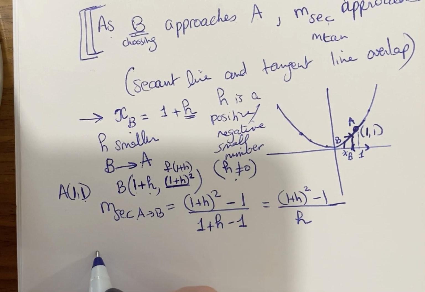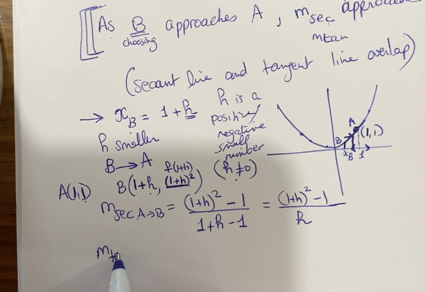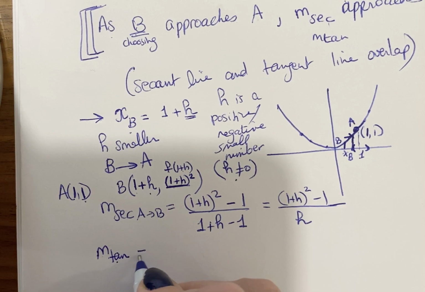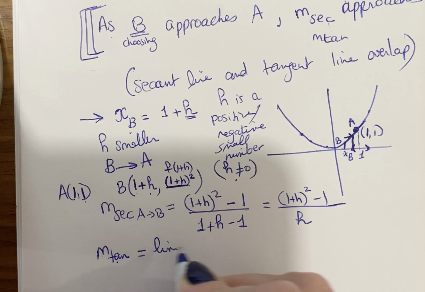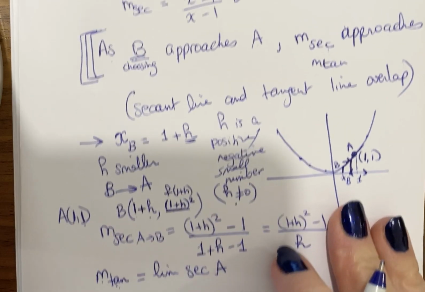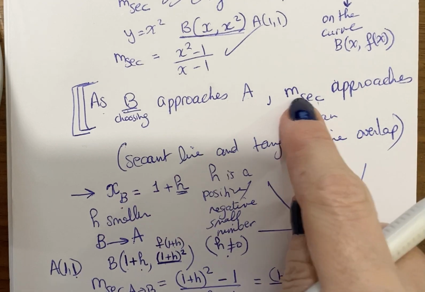I don't want the slope of the secant. I want the slope of the tangent. How is the slope of the tangent related to the slope of the secant? The slope of the secant approaches the slope of the tangent. What does it mean, approaches? I need to use the limit. So the slope of the tangent is the limit of the slope of the secant.